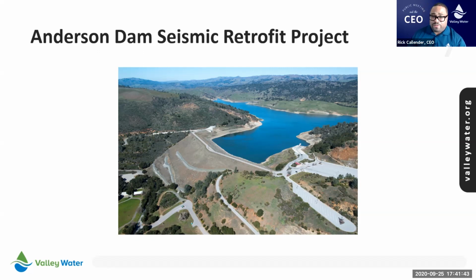I know many people have expressed concerns about the impacts to our water supply without Anderson in service. Well, what I do want you to know is that we do have an adequate supply of water for this year, and we'll continue to explore other options to maintain our supply into the future. We have a diverse water supply portfolio, which includes groundwater, imported water, both from state and local sources, as well as recycled water.